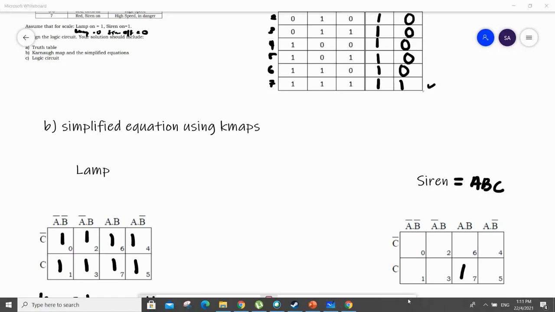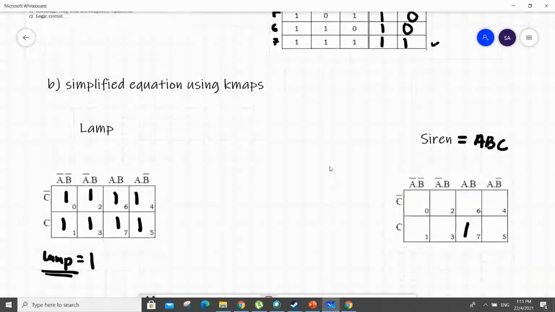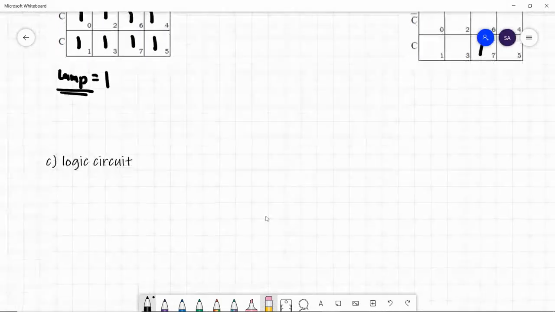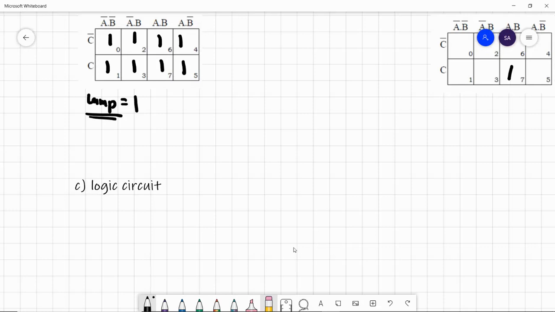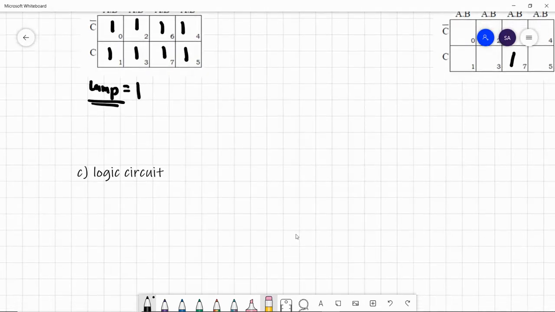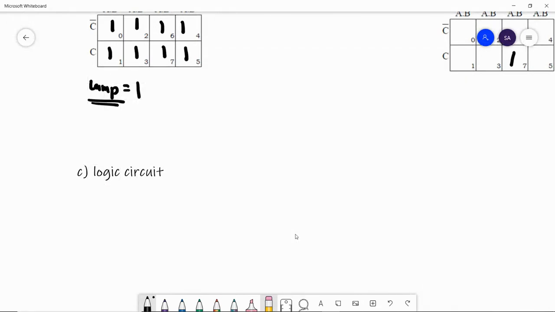Okay, and now your input. If the lamp is one, how do we build it? So the logic circuit. How? Everything is on, right? It is grounded. So A, B and C will be on the ground.